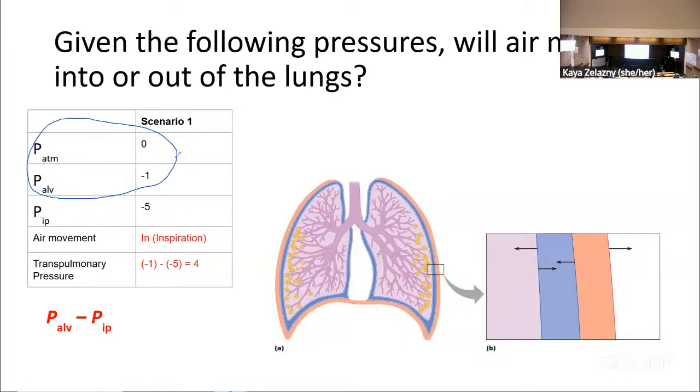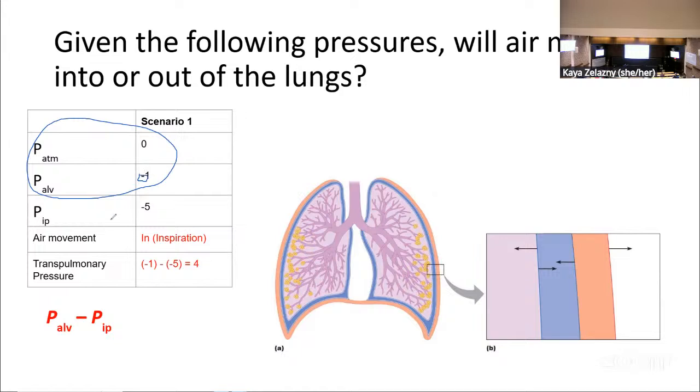If you get a written scenario, say on an exam, you can always assume the atmospheric pressure has been set to 0 if I'm giving you pressures that don't start with something like 700. So atmospheric pressure is 0, which means we can just look at the sign on our alveolar pressure to tell whether air is going to move in or out, inspiration or expiration.